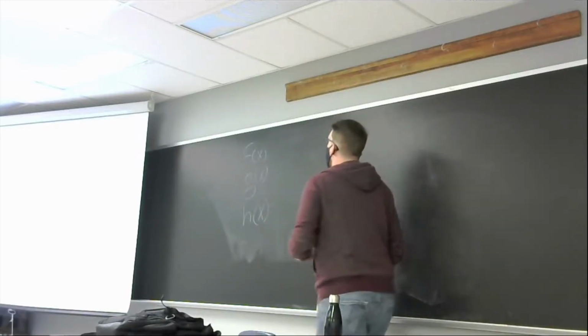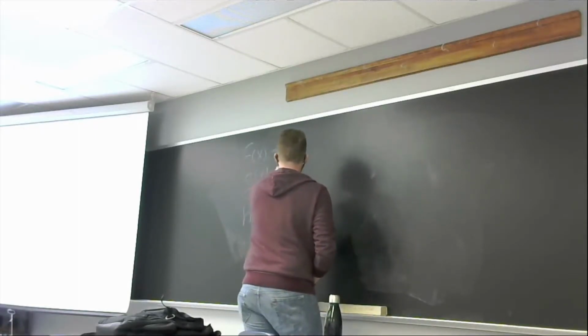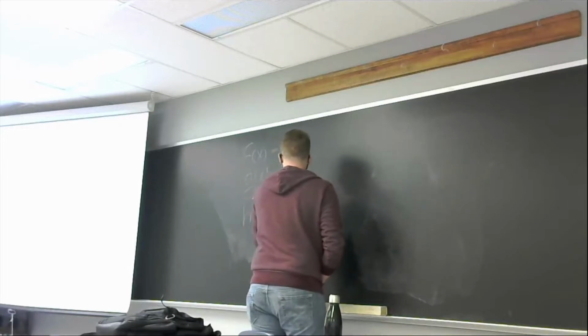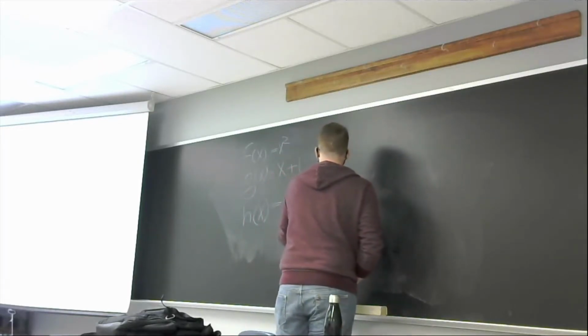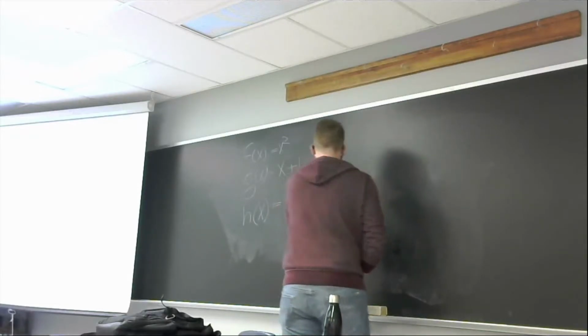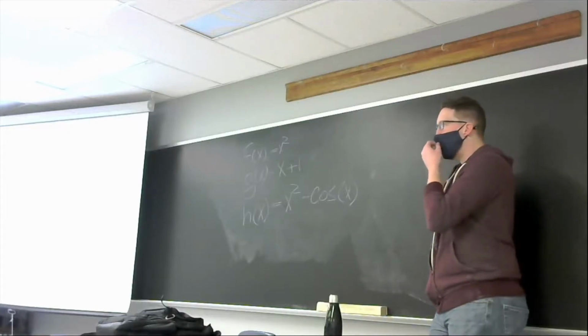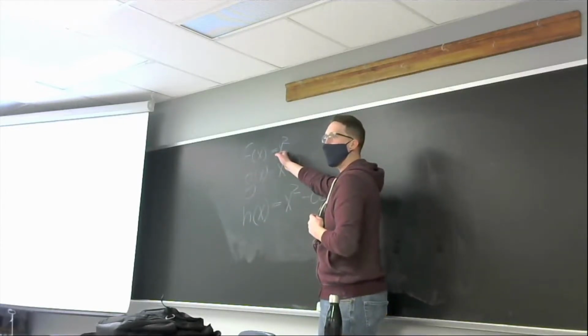So here, we could write this as x squared. This could be x plus 1, x cubed, or x squared minus cosine x, and so forth. We could do all sorts of different functions. Anytime I said f of x, I would be talking about squaring it.